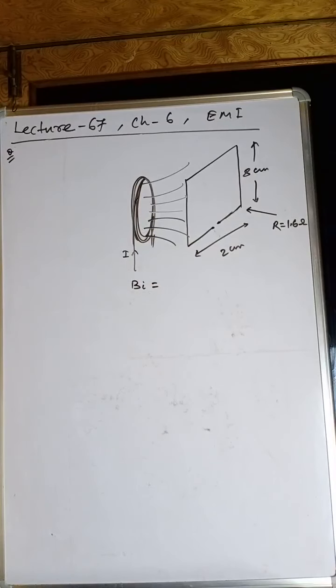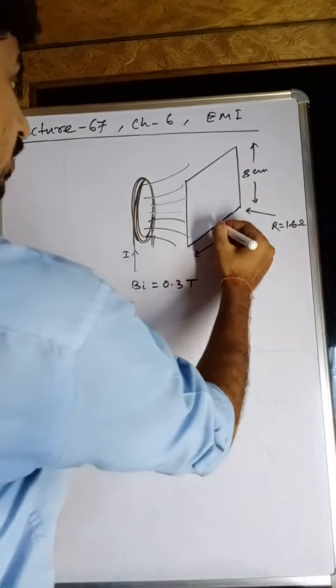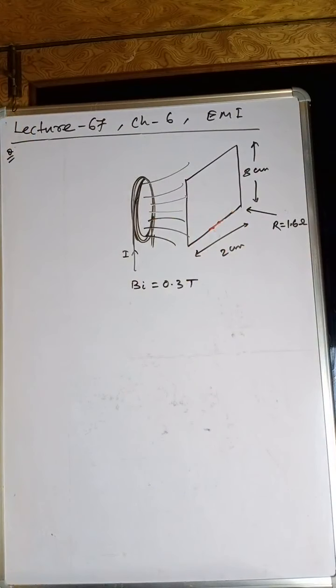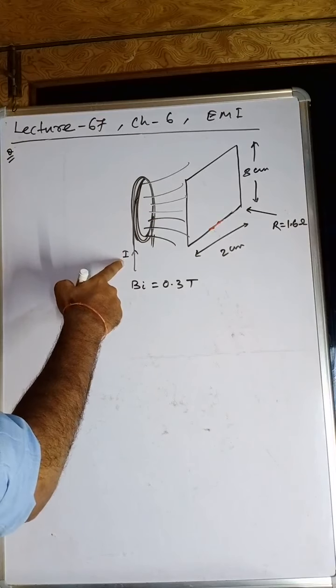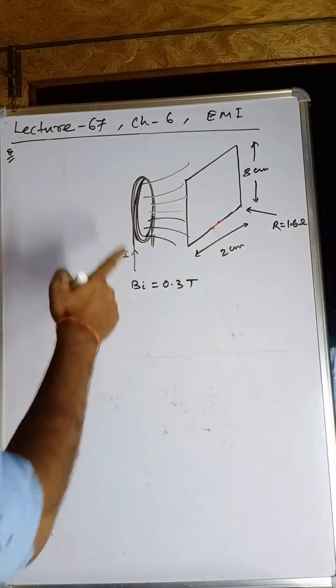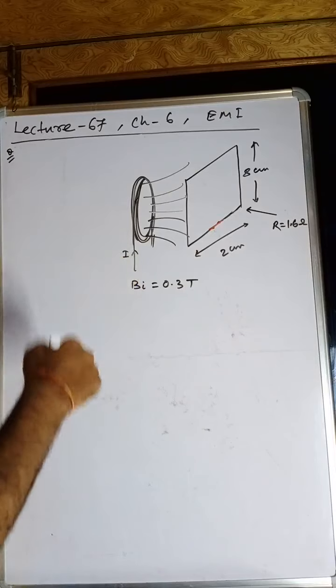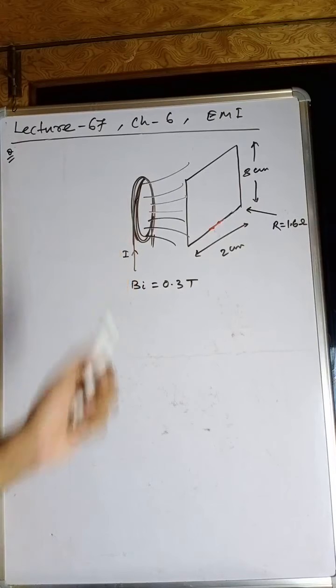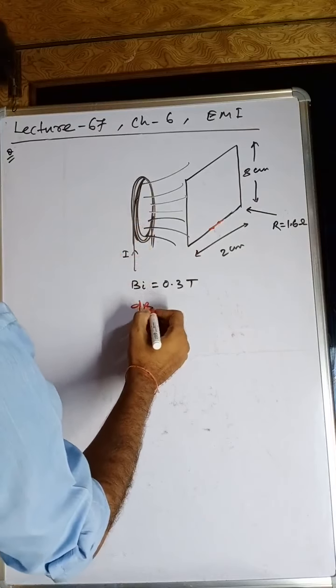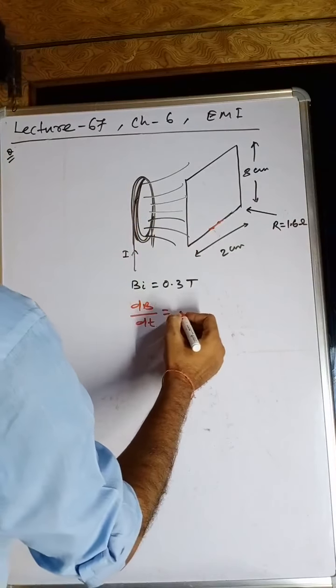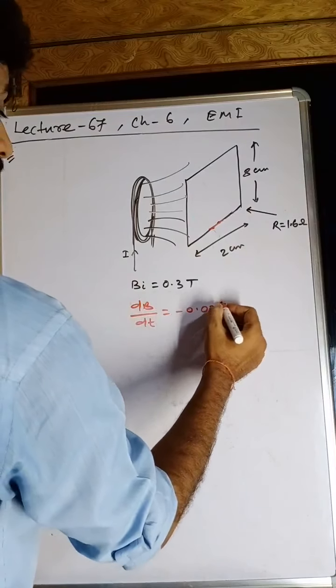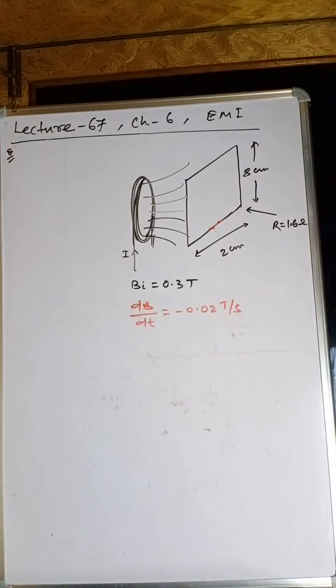But once this coil is connected to make a loop, the current starts changing by some means or method, so that the magnetic field goes on decreasing, and it decreases at the rate dB by dt equal to minus 0.02 Tesla per second. In 1 second, this much magnetic field is decreasing. I hope this question is very clear.